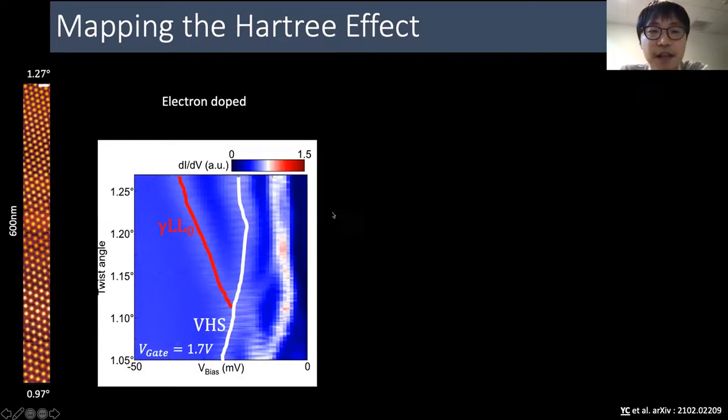To visualize this angle effect, we measured an area where the angle varies from 1.3 to 1 degree continuously. When the system is electron doped, at the top angle, the gamma Landau level is very well separated from the Van Hove singularity. As we lower the twist angle, they come closer and closer, and finally meet around 1.1 degree.